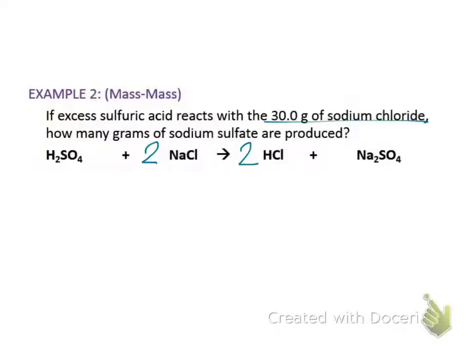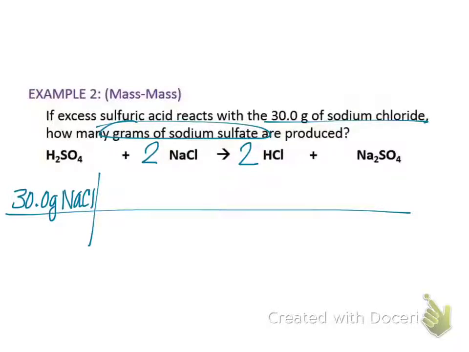Going to start with the 30 grams, and we're looking for grams of sodium sulfate. That's what we're going to try to go for. So we'll say 30.0 grams of sodium chloride. We need to do what next? Convert to moles using the molar mass. Good job.